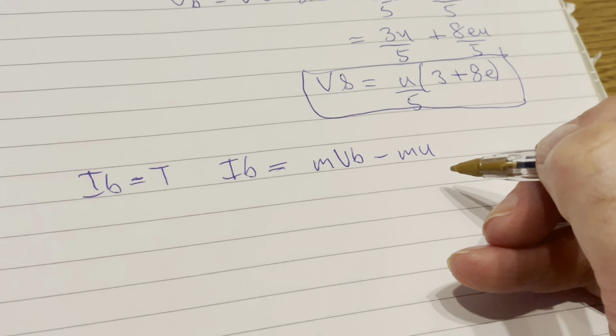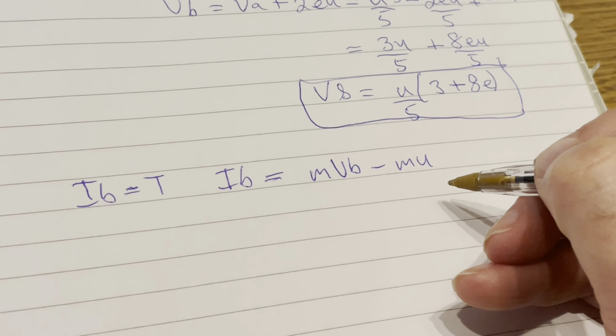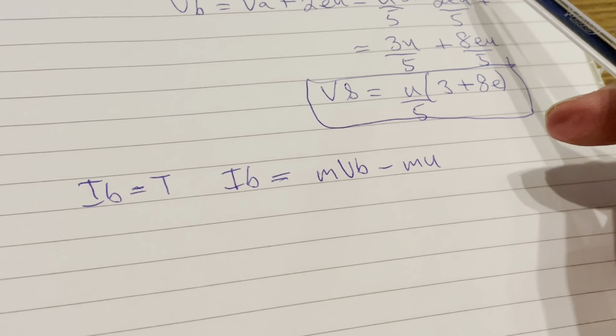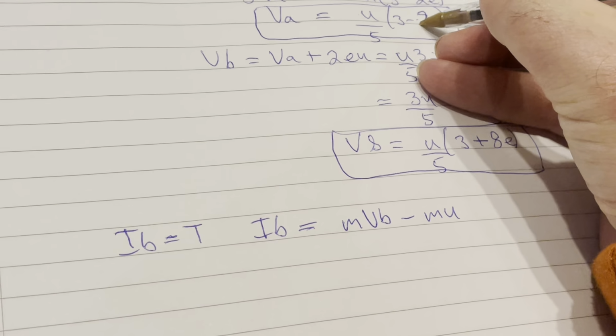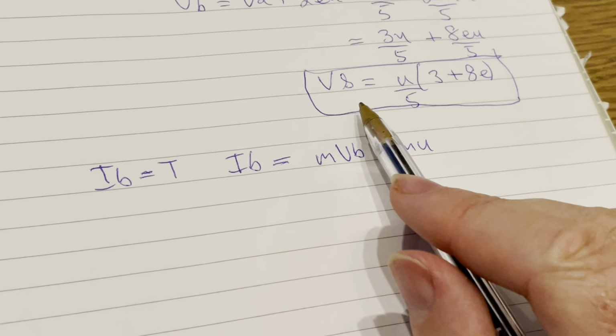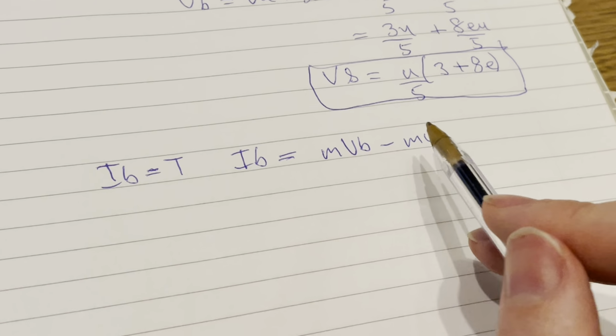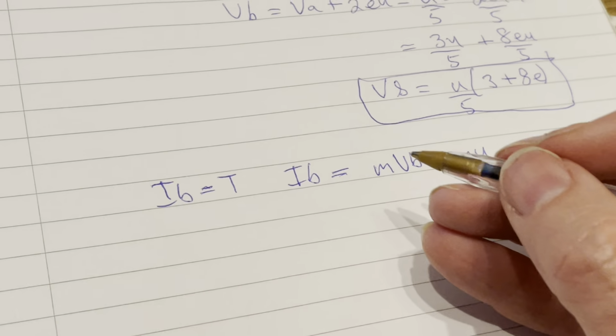Now, do we know which direction it's going afterwards? Well, hang on, we don't need to worry about it yet. That has to be positive. So VB is going in the negative direction again, but we can work that out later.